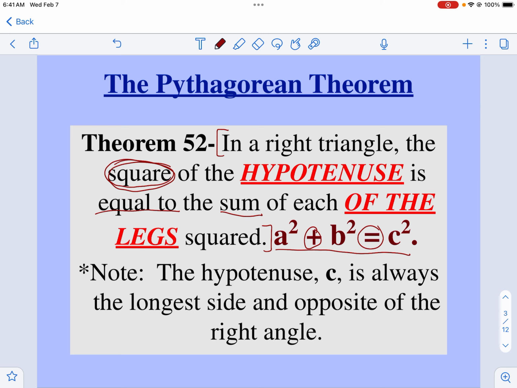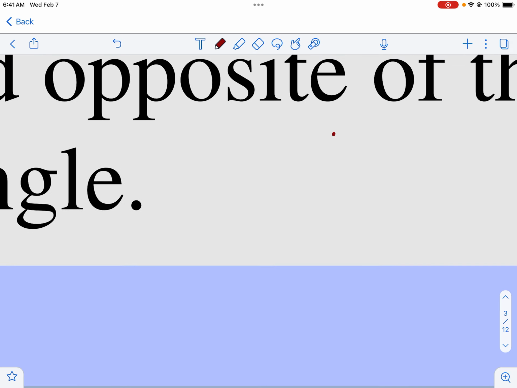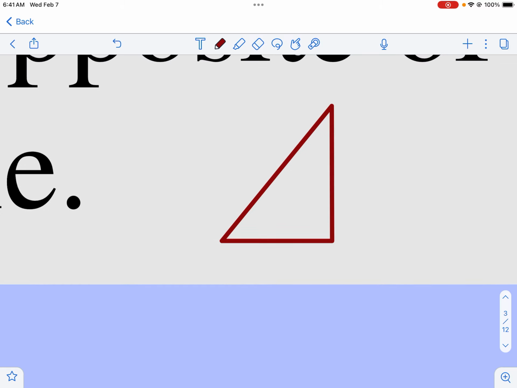There's a note here for us. The hypotenuse c is always the longest side and opposite the right angle. We can think about why that is, given a right triangle. Our triangle angle sum is always going to be 180, in Euclidean geometry. So if we have a right angle, the largest any of these other angles can be is 89.9 repeating degrees.